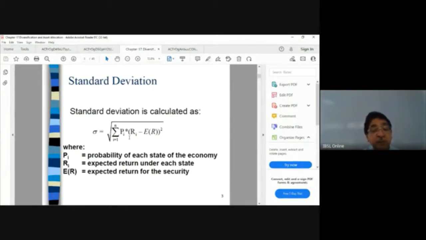We did an expected return calculation at the beginning, and that expected return is deducted from each return, and we square that, multiply it with each probability, and that will give you the sigma squared or variance. But the standard deviation is the square root of variance.